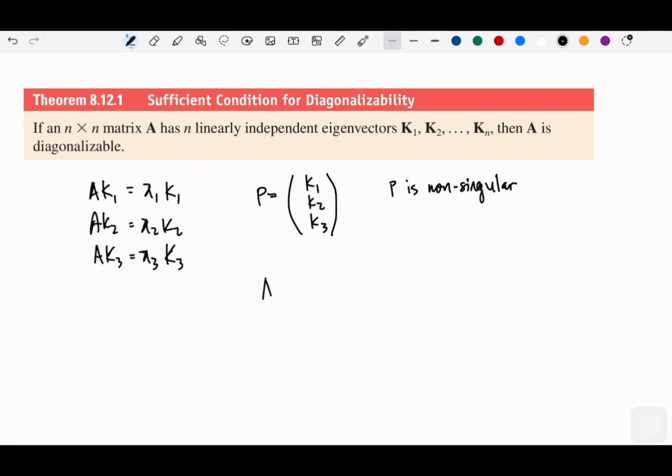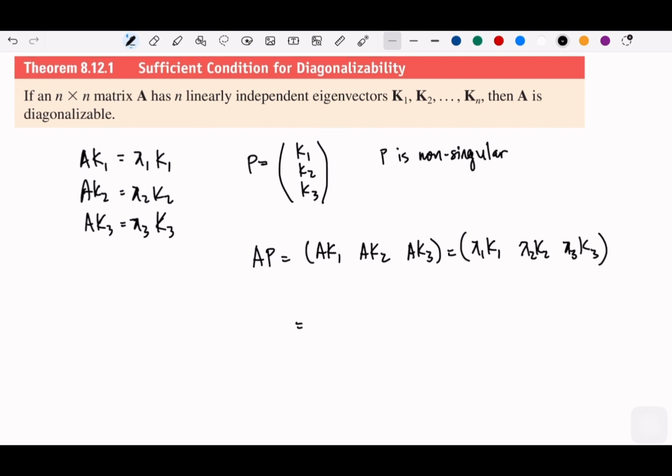Now we can write AP as AK1, AK2, AK3, each one of them multiplied with its eigenvalue. We can split this, and it becomes the diagonal.